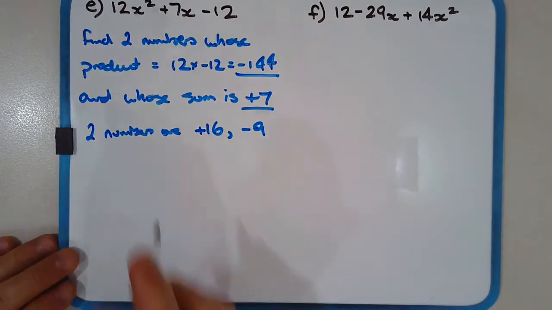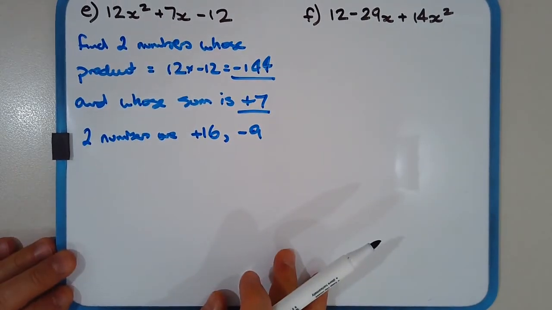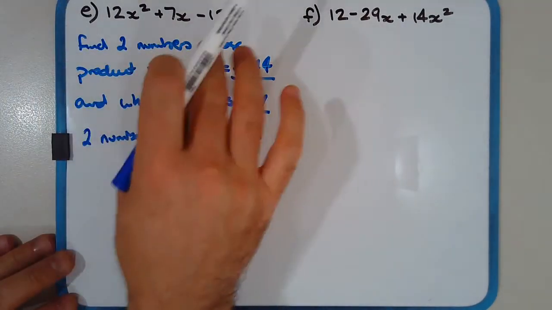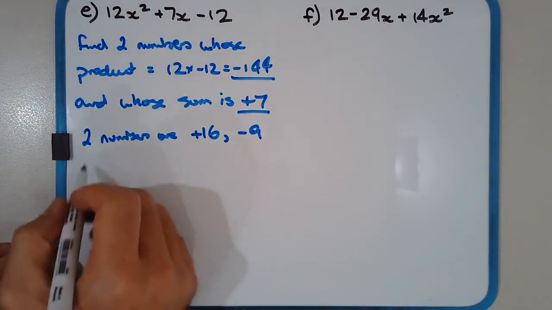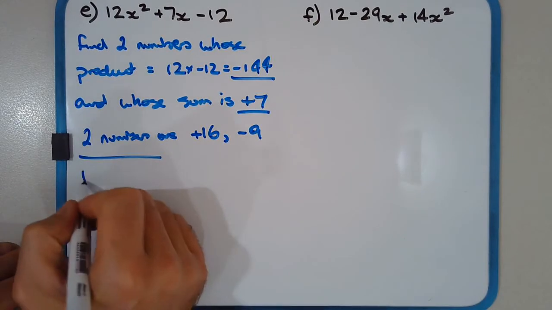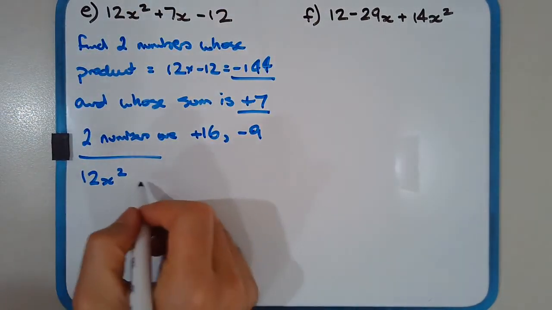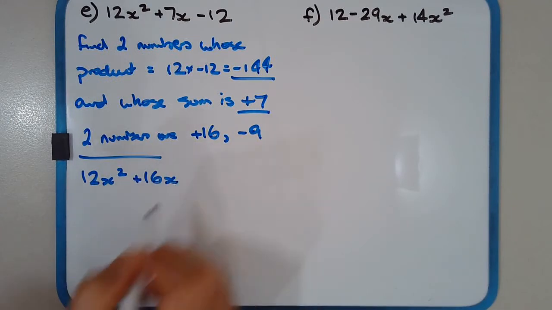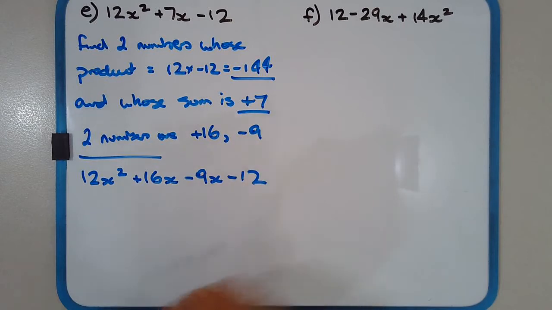So what we need to do next is split this middle term up, break it up into two terms. So we end up with a quadrinomial, an expression with 4 terms. So let's break it up. We've got 12x squared. The 7x really is plus 16x minus 9x minus 12.